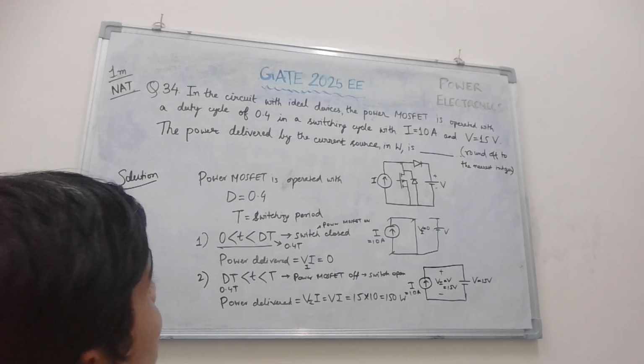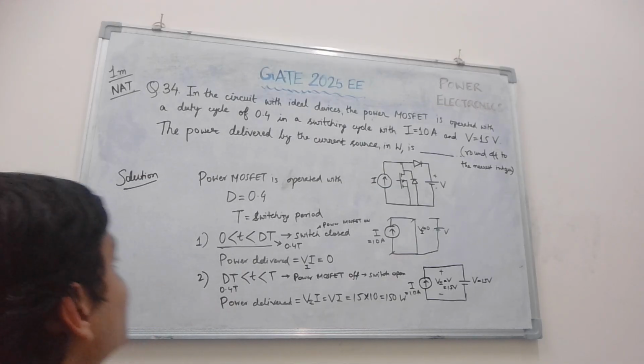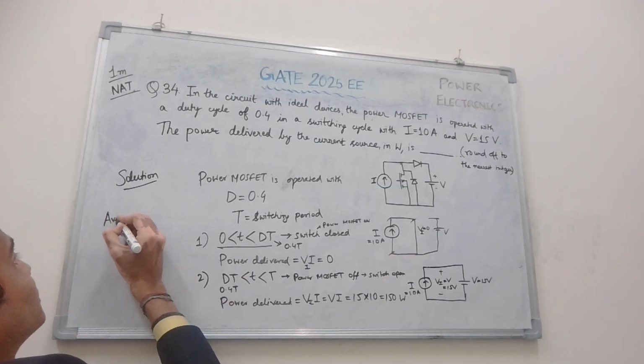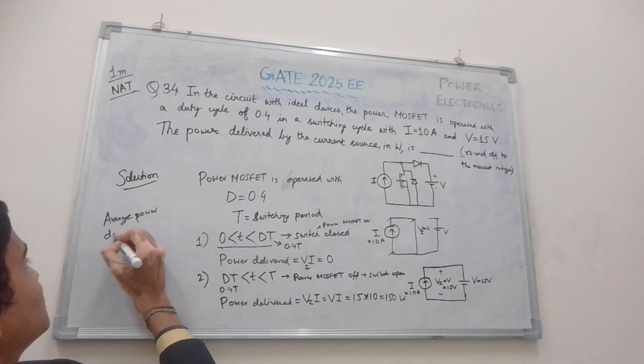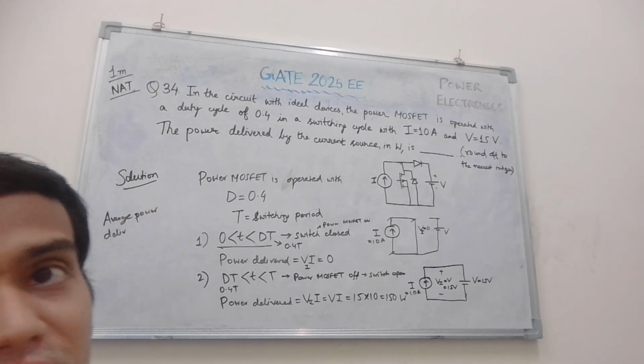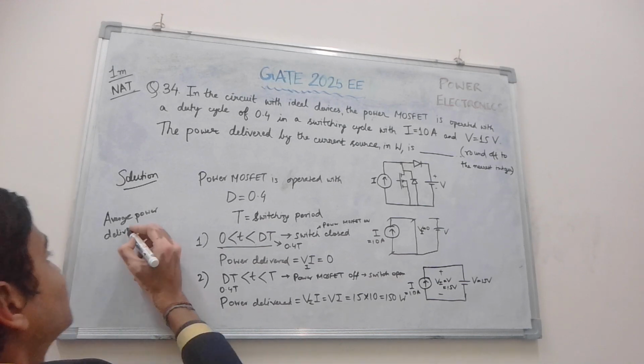So we need to find the average power. Unless otherwise mentioned, power delivered means average power.